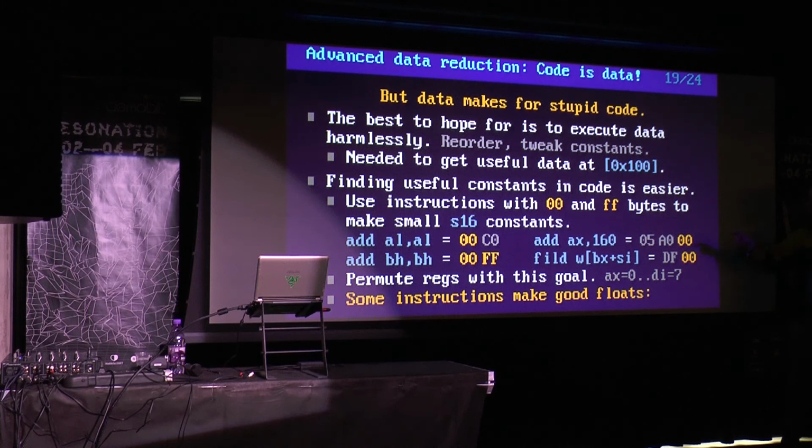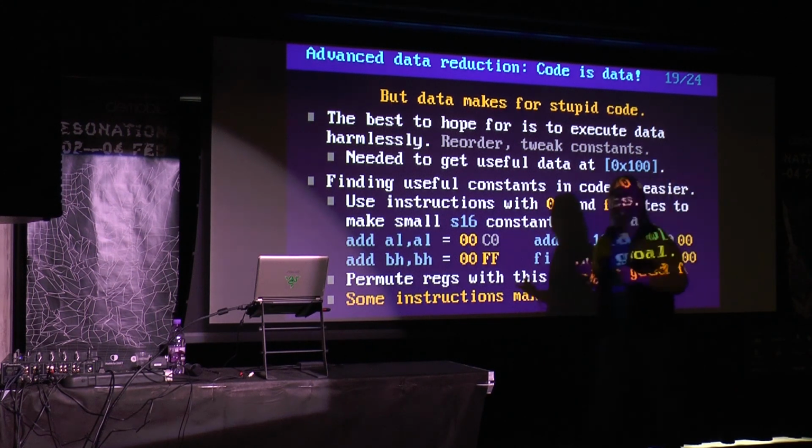You can get it from using explicit values. Then you have to read the next byte, which will be later here, to get the actual constant. Or you can exploit that some instructions just naturally end in zeros. For example, like this. This is the floating point load, 16-bit load from this particular address.